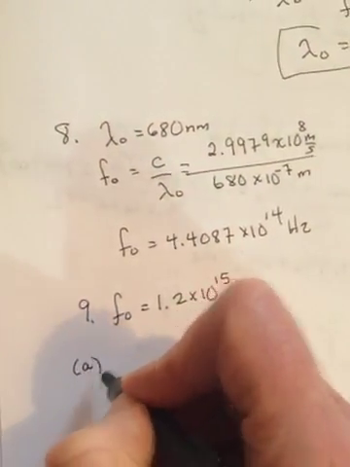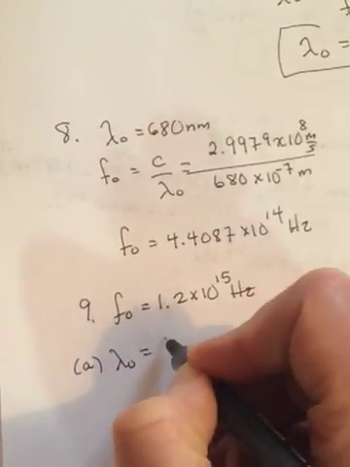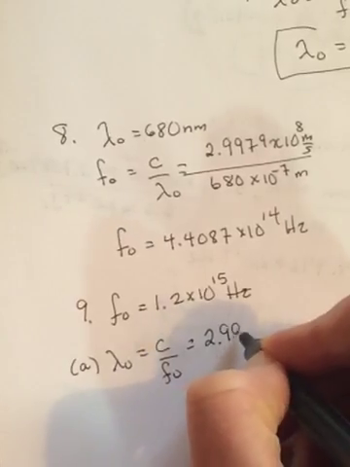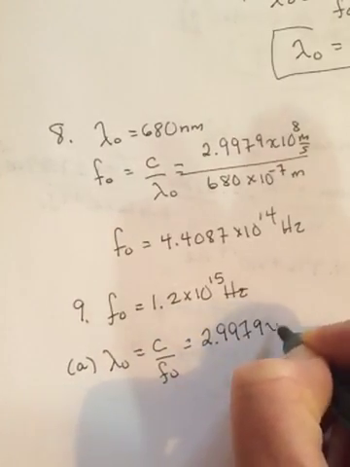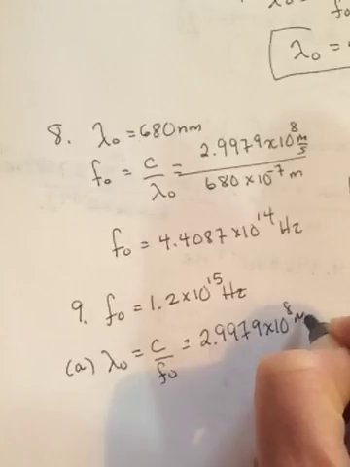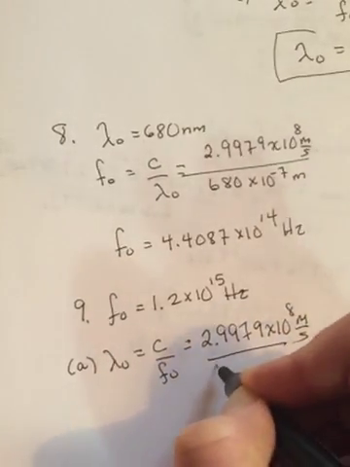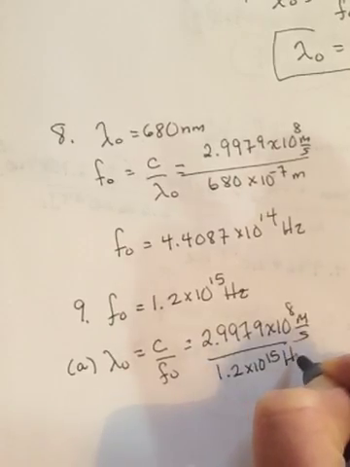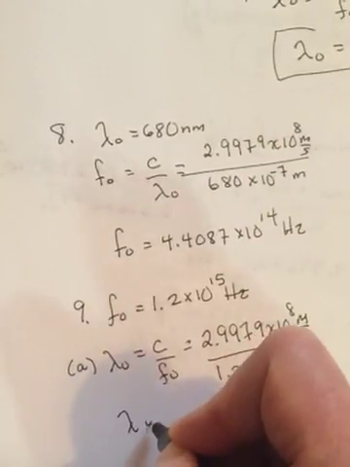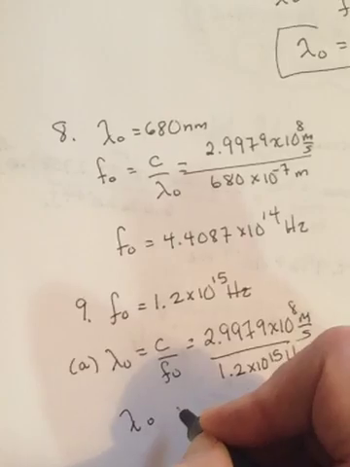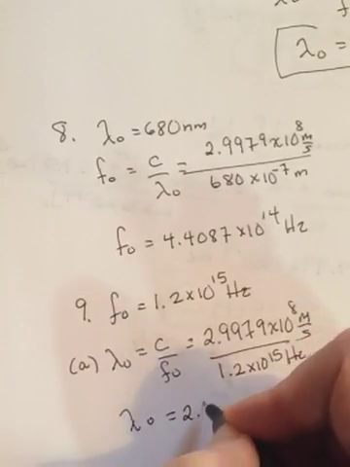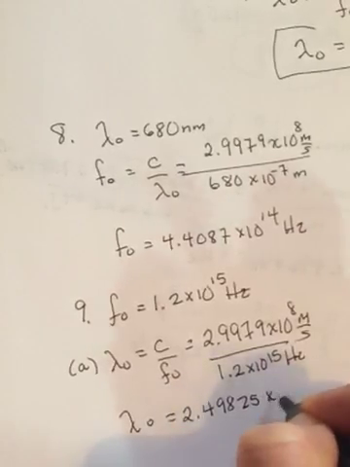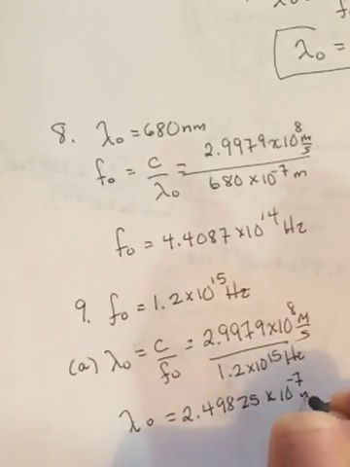So for A, lambda 0 is going to equal c over f0. So 2.9979 times 10 to the 8th, hopefully you got the speed of light down pat now, over 1.2 times 10 to the 15th, meters per second over hertz. So lambda 0 is going to be 2.49825 times 10 to the negative 7 meters.